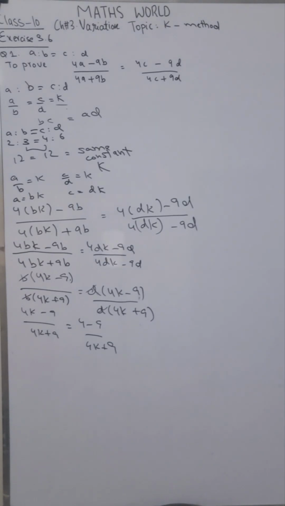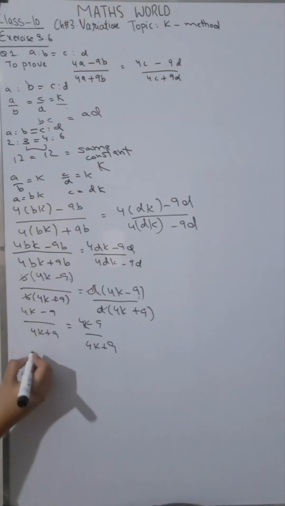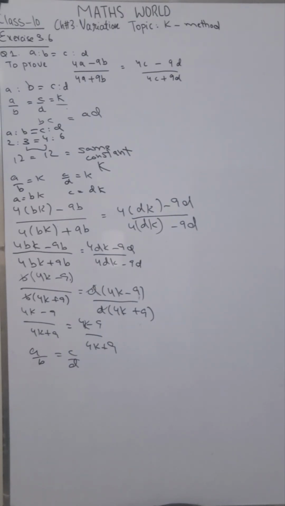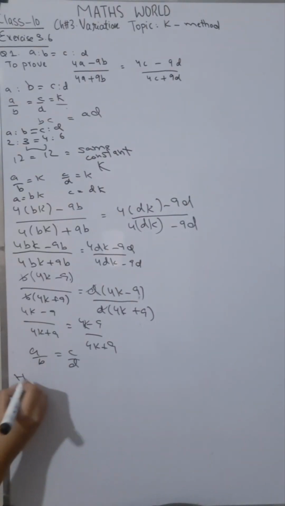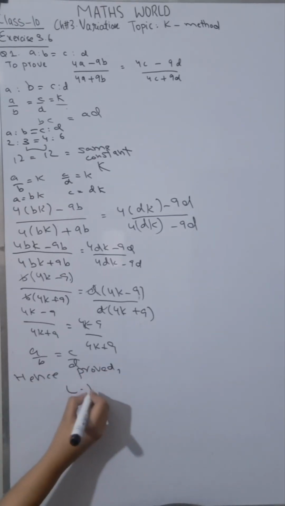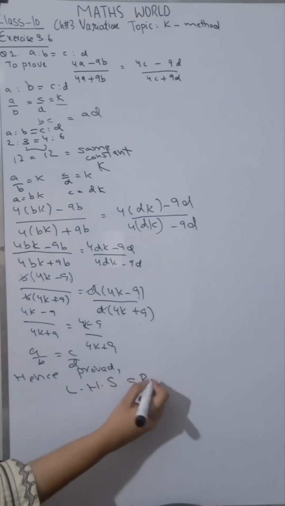In this way you can conclude that both the expressions are the same, so it equals A divided by B equals C divided by D equals K constant. This is what we had to prove. So you write: hence proved, left hand side equals right hand side.